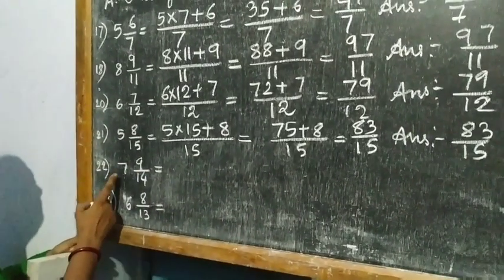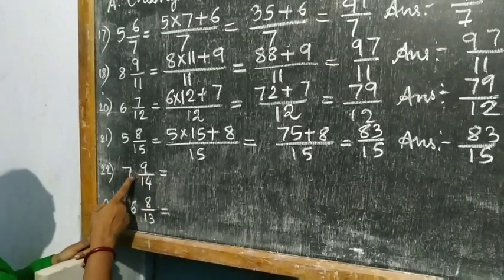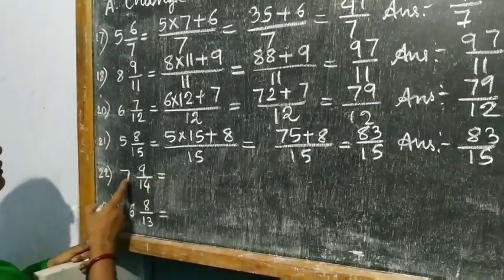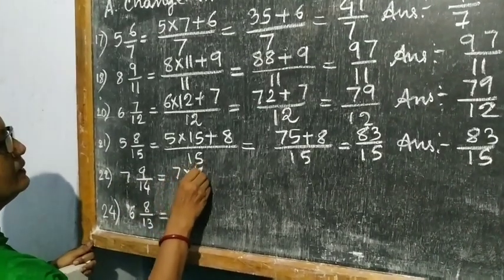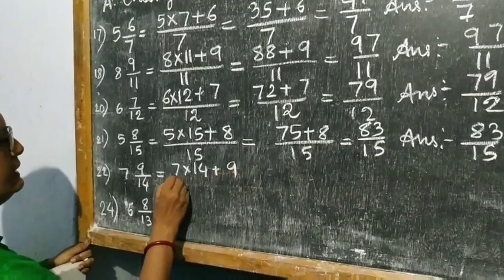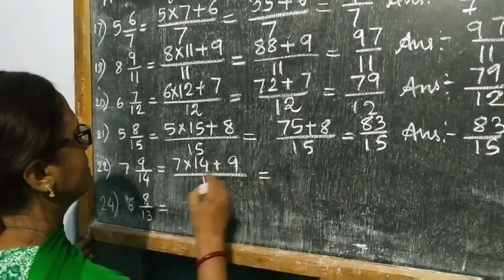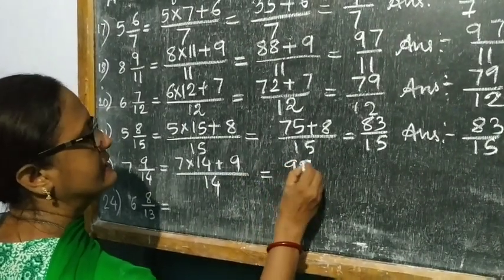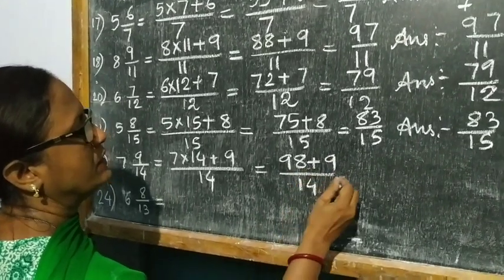Again see sum number 22: 7 9 by 14. It is a mixed fraction. So you have to convert it into a normal fraction. What will you do? 7 into 14 plus 9 by 14. So 7 into 14, 98 plus 9 by 14.